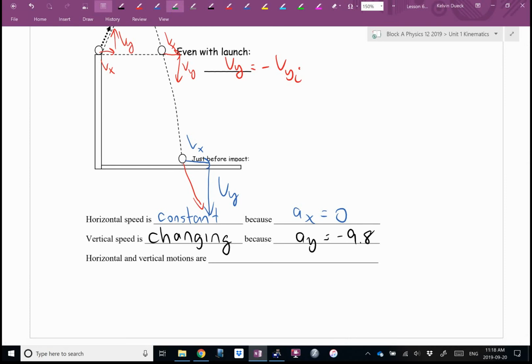And always the horizontal and vertical motions are independent of each other, which means you cannot put a vertical number into a horizontal equation, and you cannot put a horizontal number into a vertical equation, and that's going to be by far the biggest temptation.